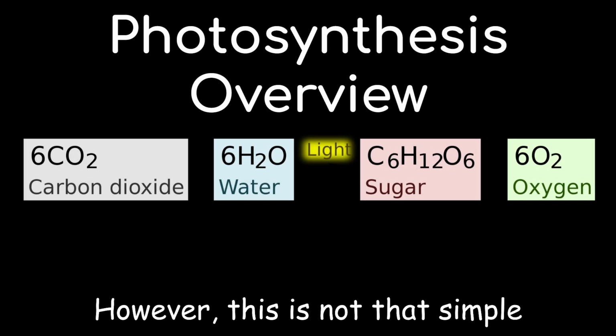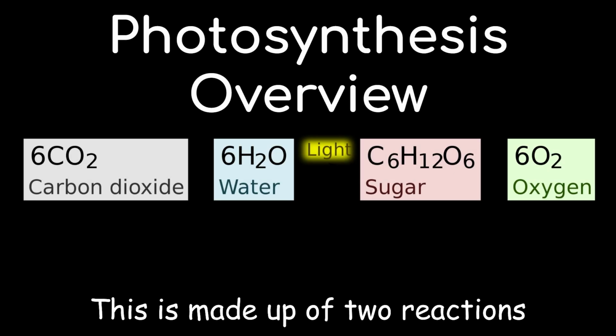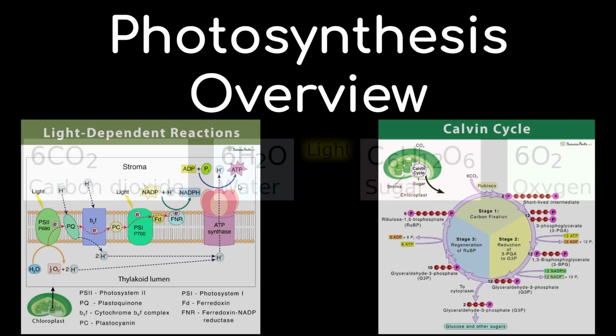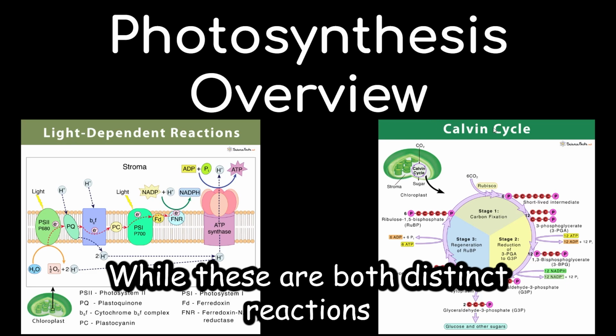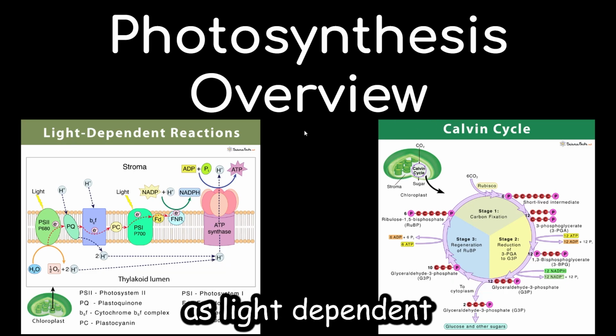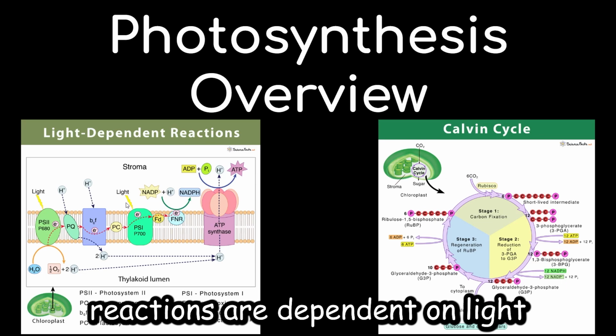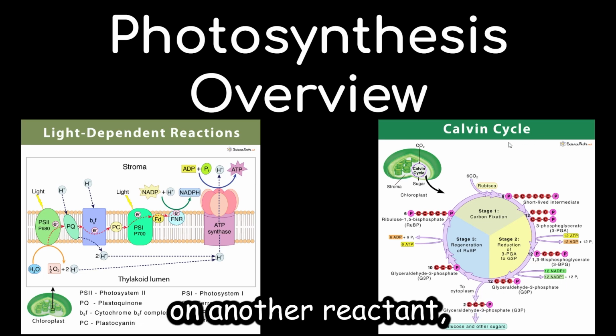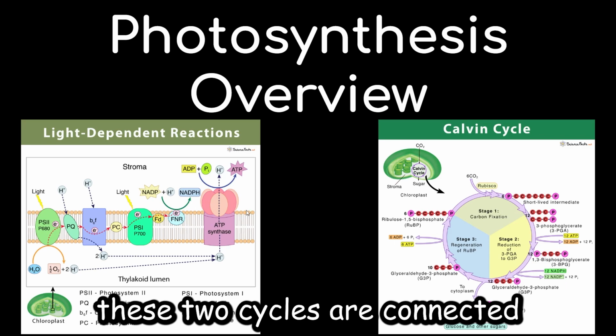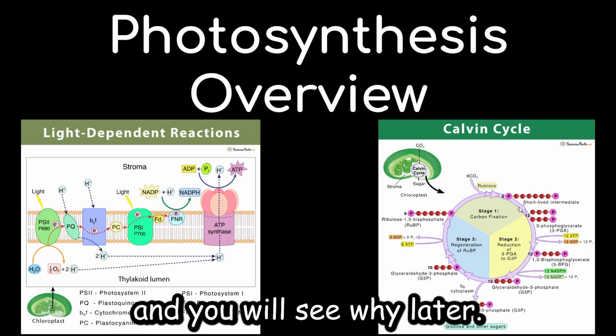However, this is not that simple, as photosynthesis is made up of two reactions, the light-dependent reaction and the Calvin cycle. While these are both distinct reactions, as light-dependent reactions are dependent on light and the Calvin cycle is dependent on another reactant, these two cycles are connected, and you will see why later.